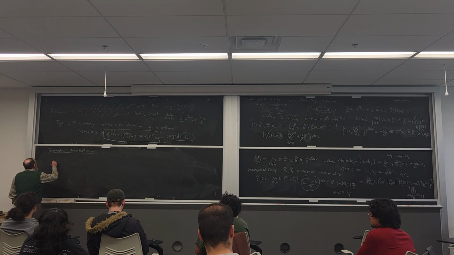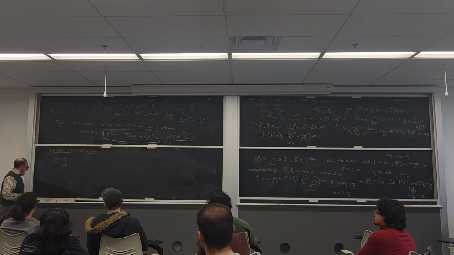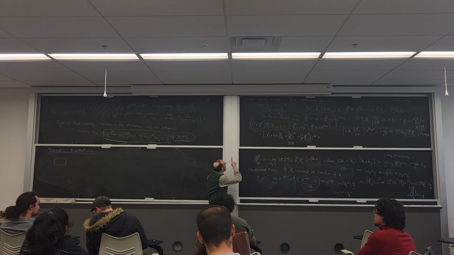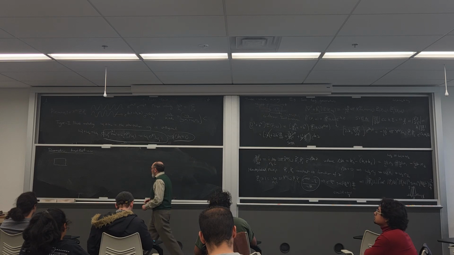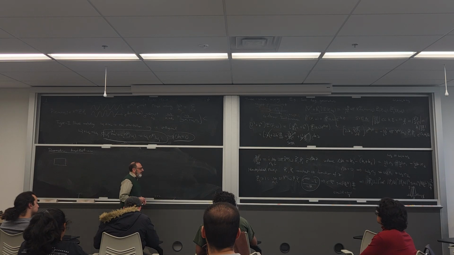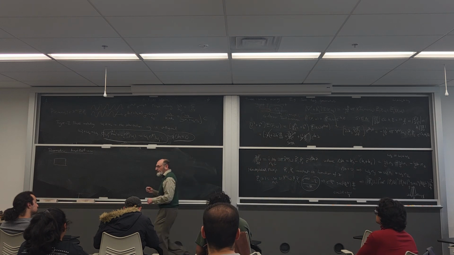So let's imagine the following thing. Now I'm going to do something slightly differently. Instead of putting in the red and the orange waves, I'm going to send in the blue and say the red. Okay?